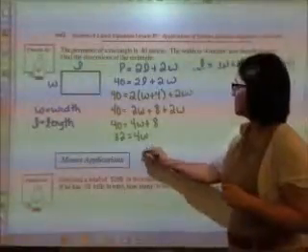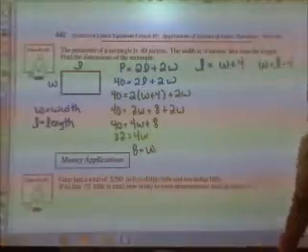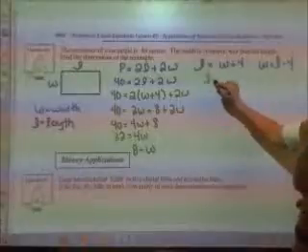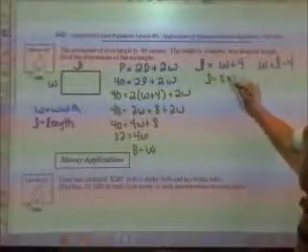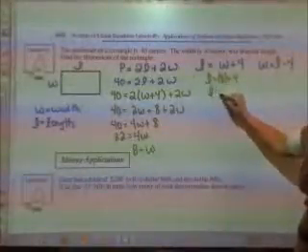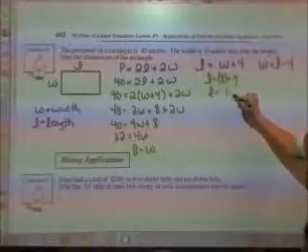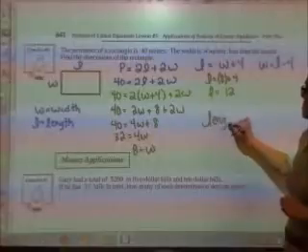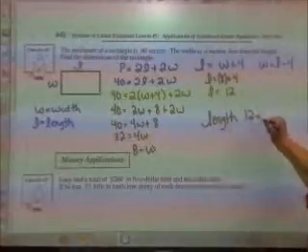8. So W equals 8, and now I can put it back into this equation. W equals 8. What does L equal? 12. So the length is 12 meters.